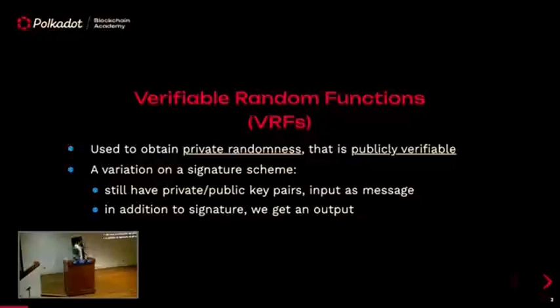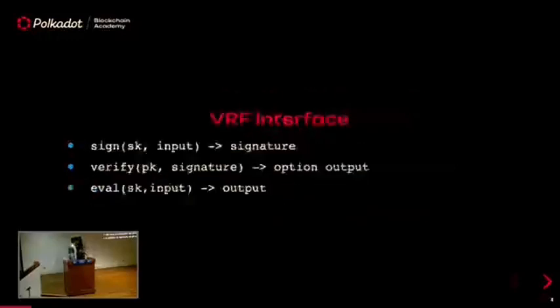So how this works is you can sign to get a signature. So this is what this signature in this context means. It's something that other people can look at to check that your output is what you actually said it is.